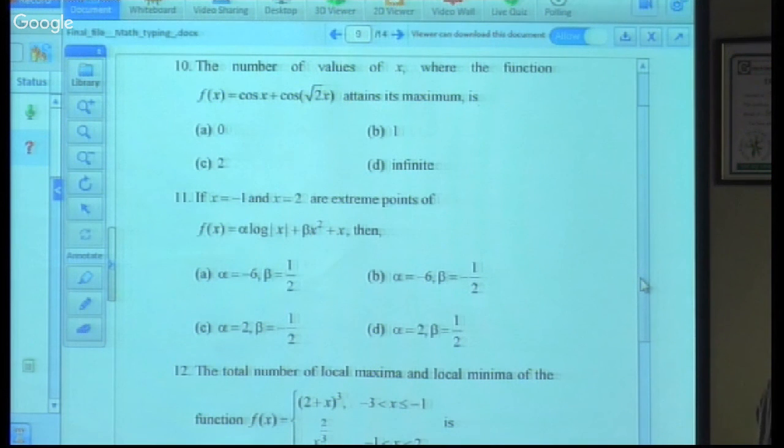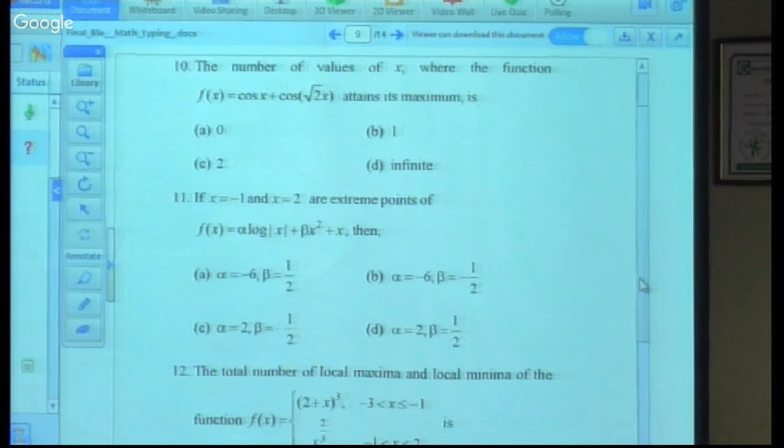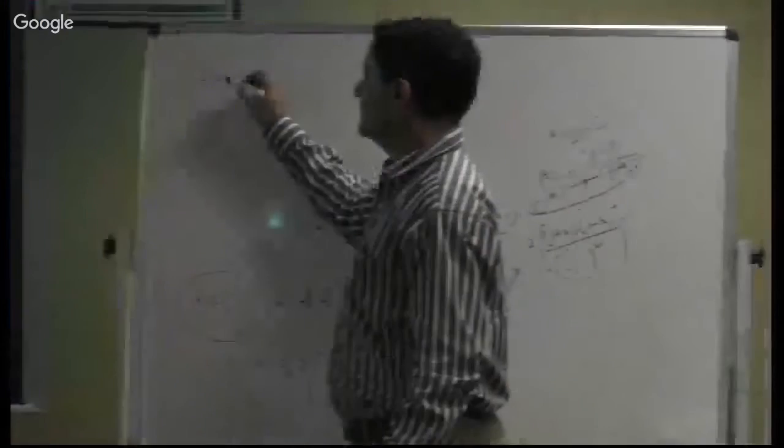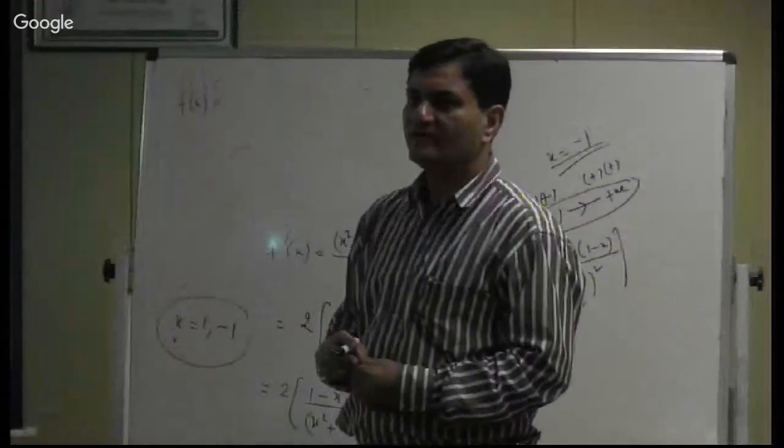See, you can do this question in two different ways. Either you can do it with the help of the derivative, or you can do it just by trigonometry. See, if you apply the sum formula, what is cos C plus cos D?